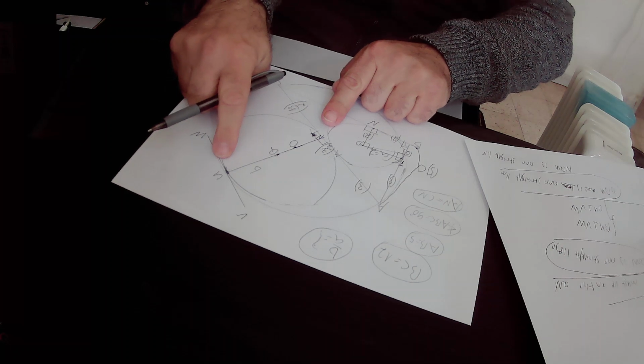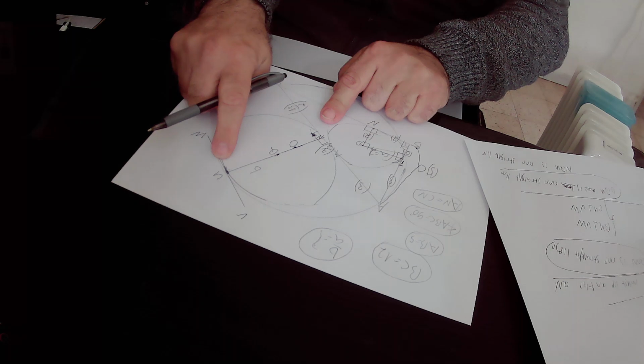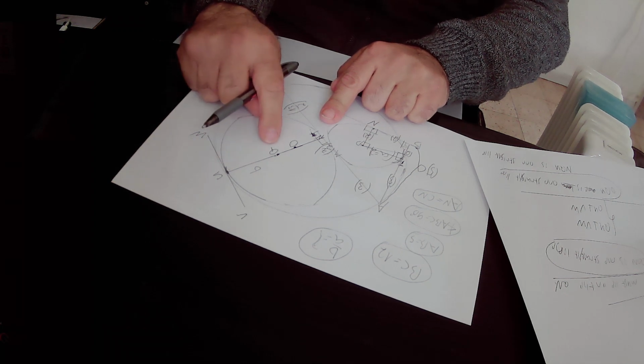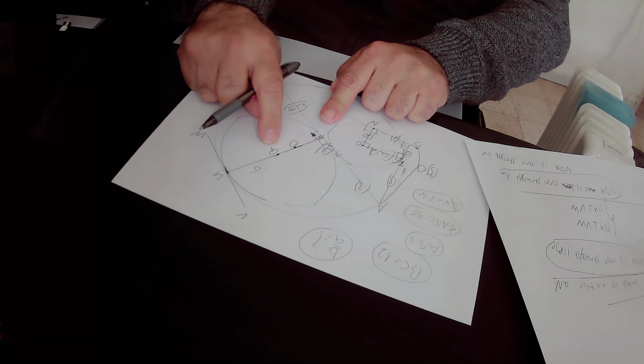And if NU is a straight line, NU is a straight line that touches the circle at points N and U. And therefore NU is a chord that passes through point Q, that is the center of the circle, and we know that any chord that passes through the center of the circle must be the diameter of the circle.